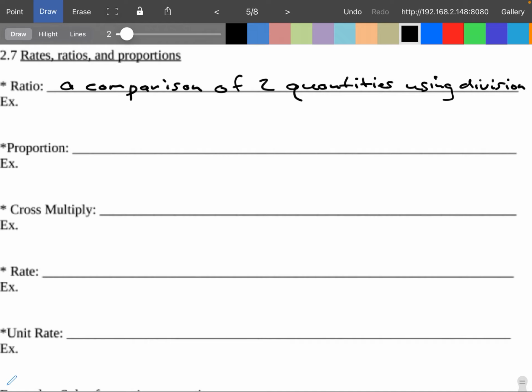So that's supposed to say a comparison of two quantities using division. But it's just a fraction. All right? Well, then a proportion, the next one, that's just going to be two equal fractions. So a proportion is just going to be two equal ratios.